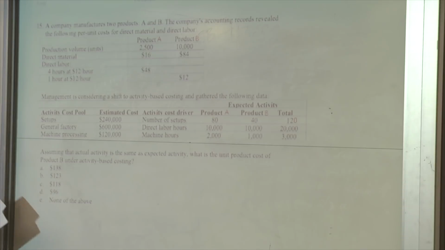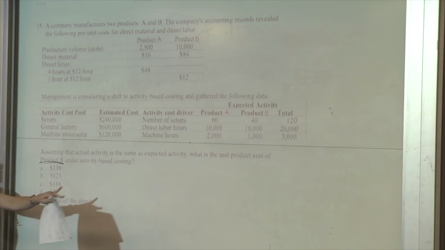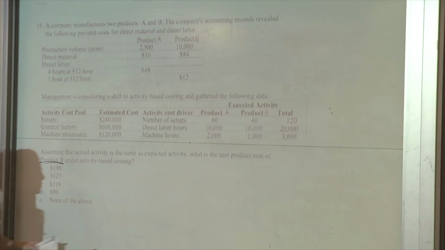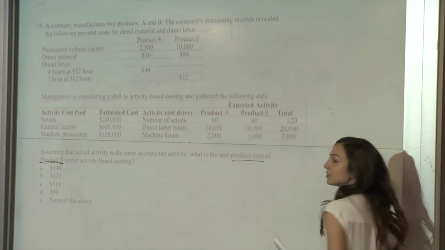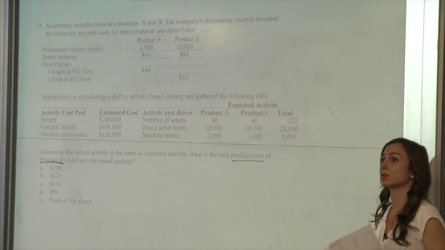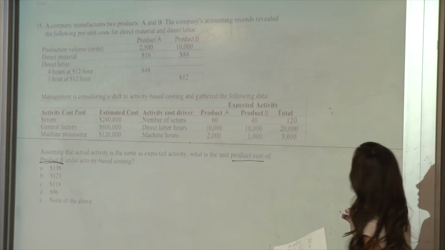And the question is asking for the unit product cost of product B specifically. So we're going to be focusing on product B, and we want to find the unit product cost. So the unit product cost is going to be what? It's going to consist of all of the costs that go into manufacturing a product.